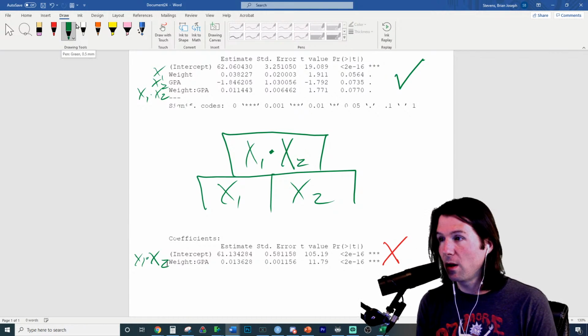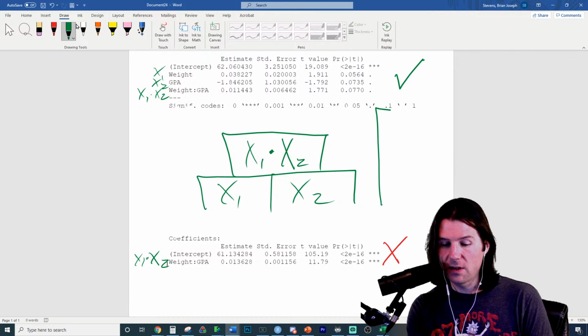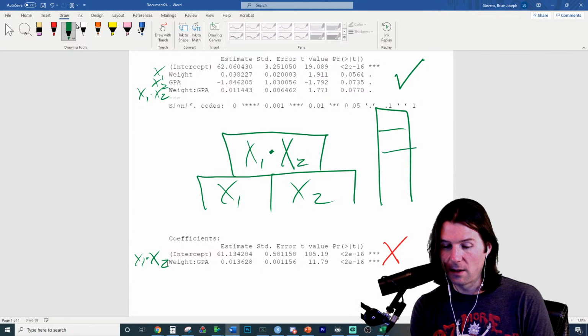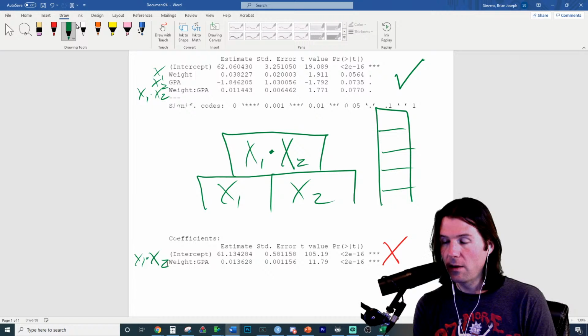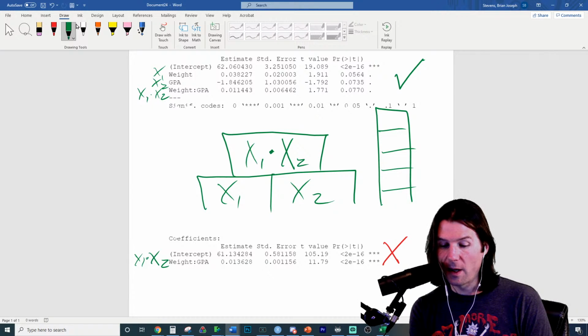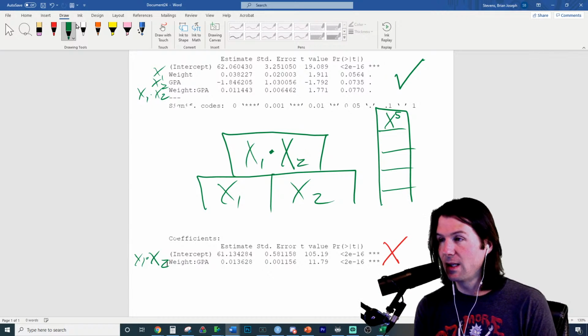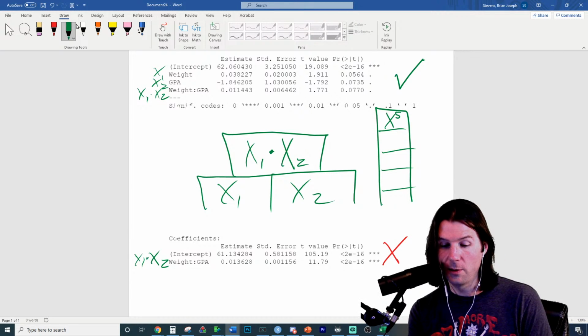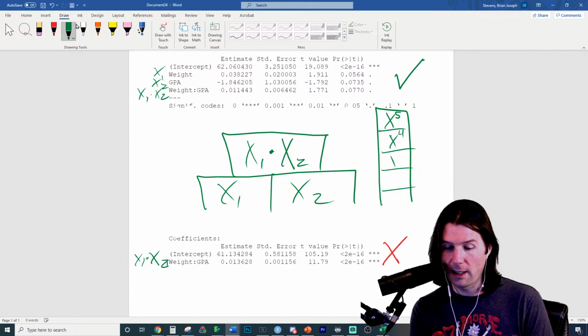The same thing works for polynomials. Let's say, and I'll bring up the slides here in a second, I think they also showed this pretty well, if you have a polynomial model that goes all the way up to the 5th power, to maintain model hierarchy, you'd have to include x^4, x^3. It's all the lower order terms, we call them sometimes, and you have to include the linear term.